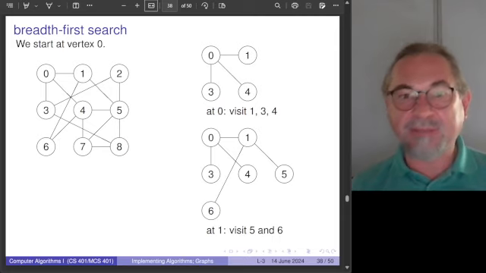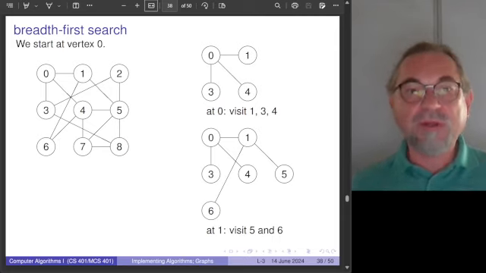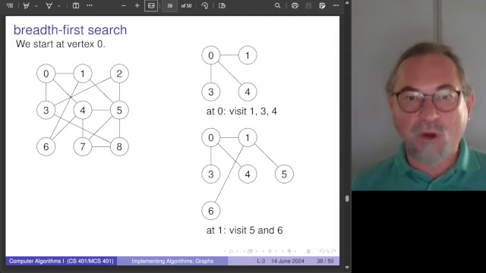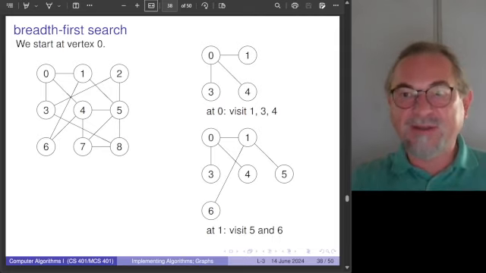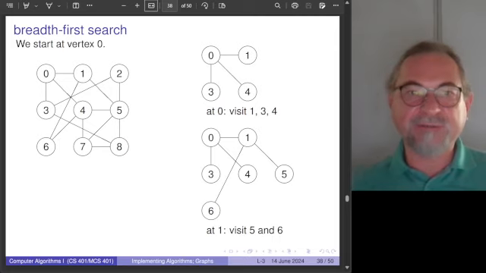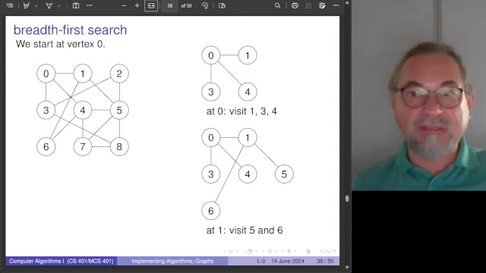In the next step, we now have to look at the neighbors of the neighbors. We will visit from 1, so it's good that we have an order on the vertices. We will start by looking at the neighbors of 1, excluding 0, so we don't look back.